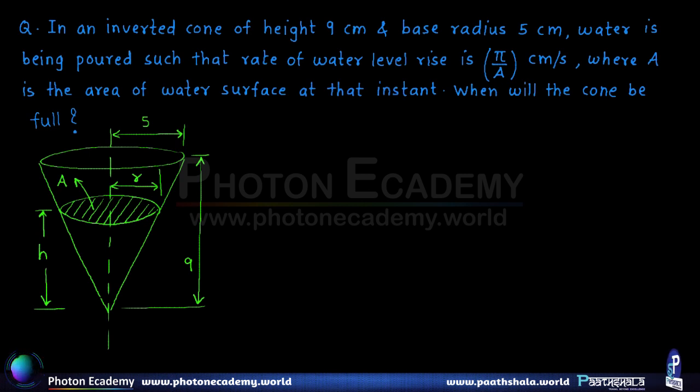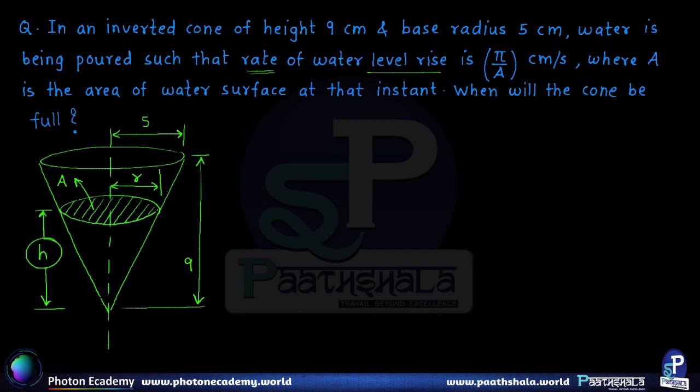So it's given that water is being poured such that the rate of water level rise. Now you see, rate means the derivative, and since it's the water level that is rising, that means it is the height of the water column that is rising. So therefore here we have dh upon dt equal to pi upon A.